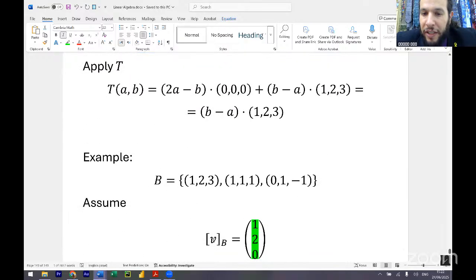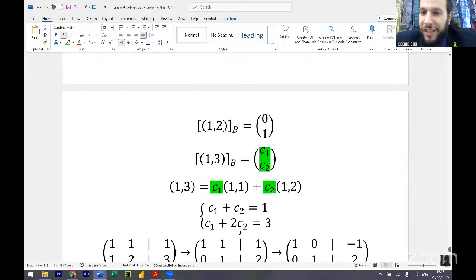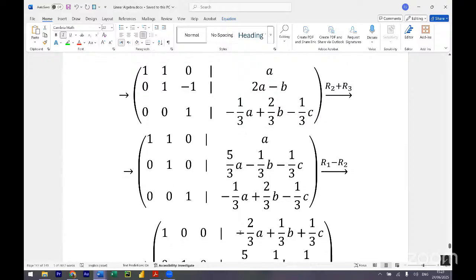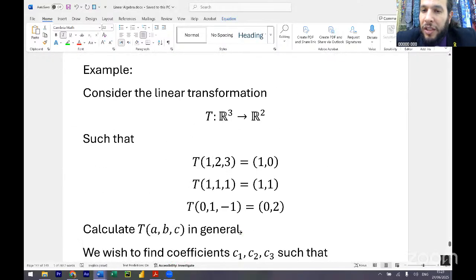I just gave everything names. I said, instead of just saying coefficients, they are called coordinates, right? And the matrix that matches T is the representing matrix of the linear transformation.